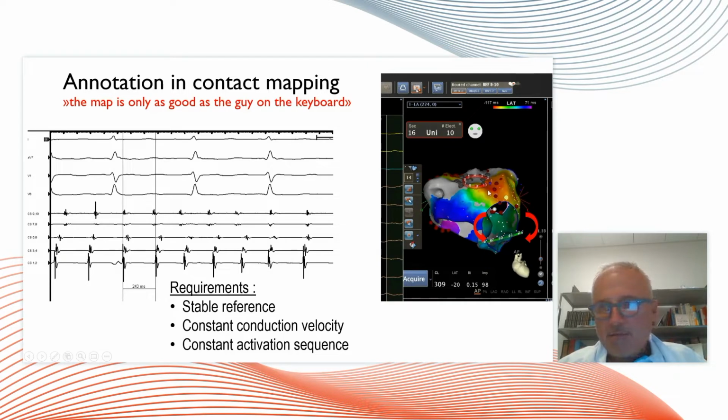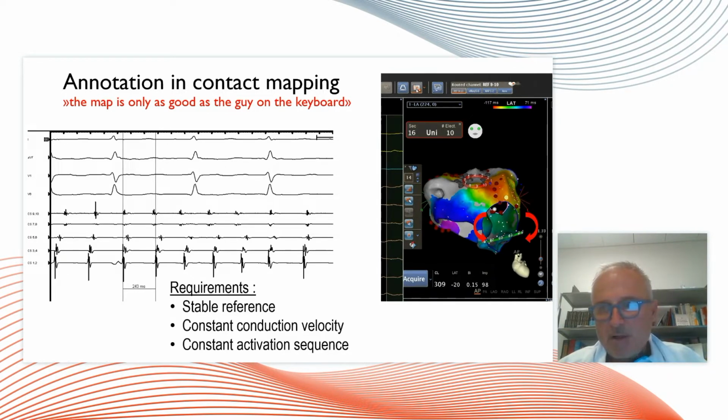And then we found the focus sitting at 12 o'clock on the mitral annulus, going either one way or the other way around the valve and giving this changing CS activation sequence. But what you also can see is that the cycle length is not always the same, so contact mapping is getting here at its limits.